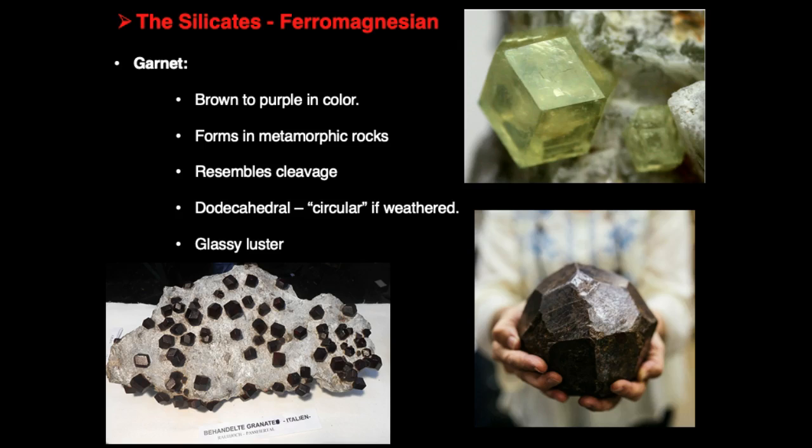It has a glassy luster, lacks cleavage, and exhibits conchoidal fracture. It is most often found as red, purple, or brown, and that is one of the end members of garnet. Oh, but some varieties of it are also green.